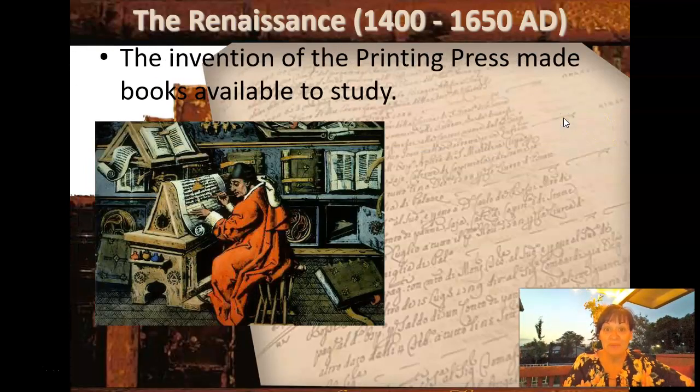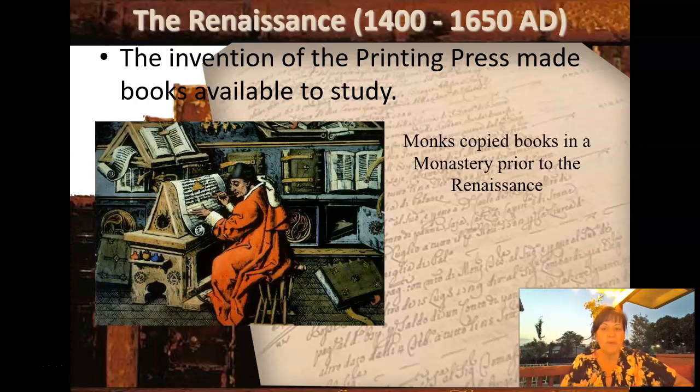Also during this time was the invention of the printing press. This made it possible for books to be reproduced and studied. Before this time, the monks would copy books in a monastery, writing them out by hand so that they'd have more books to spread, and to preserve old books as they got old and couldn't be read, so that you'd have a new copy.